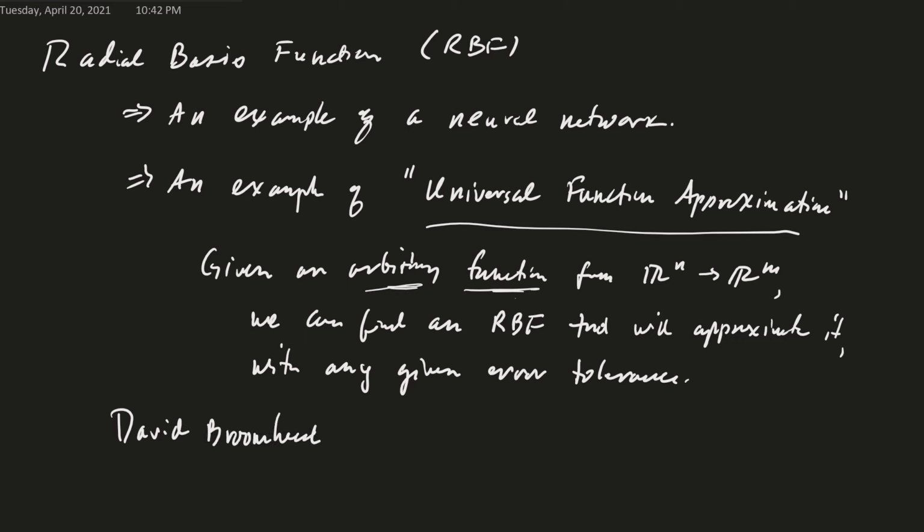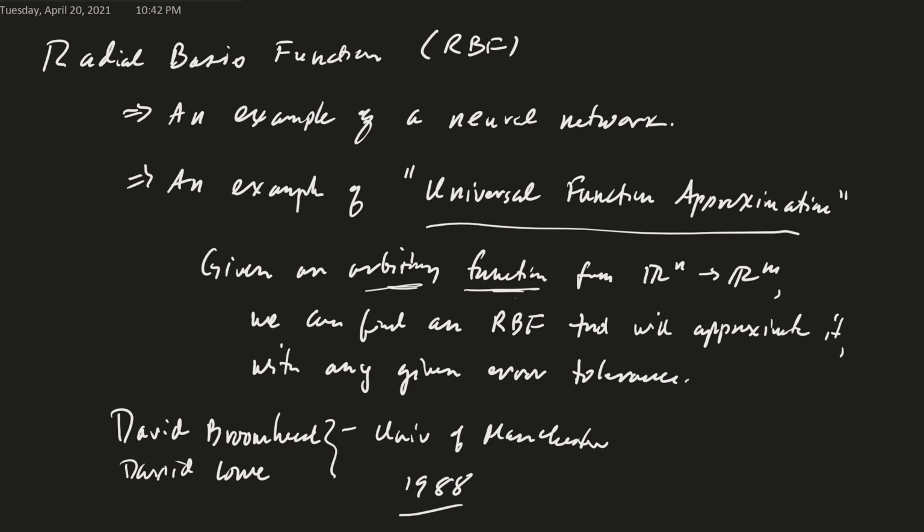Really good mathematician at the University of Manchester when I knew him. And he worked with David Lowe on the paper that brought the RBFs into the neural network audience. And this was being done in 1988. And so it's pretty early. I should say a guy by the name of Powell was doing this RBF work in the late 70s.